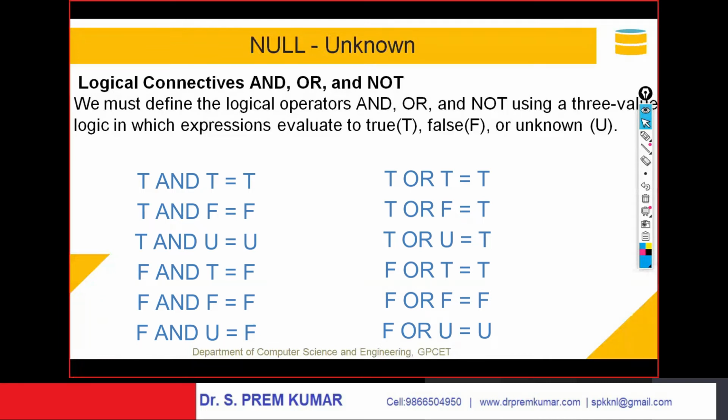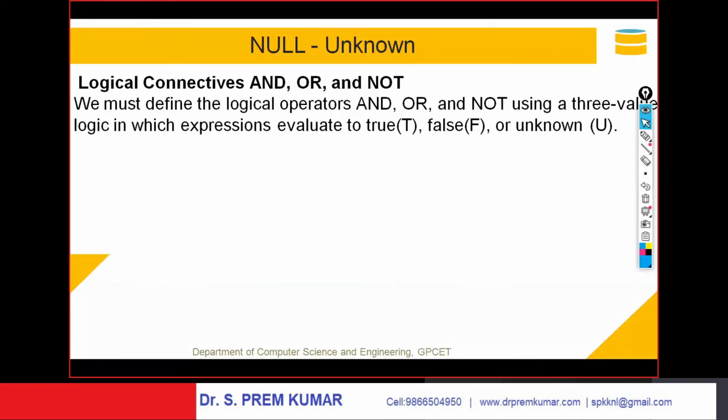So in the case of nulls, you can use the negation operator, that is the NOT operator. When you are checking multiple conditions, you can make use of the AND, OR, and NOT operators. It returns a Boolean value, either true or false. If it is unknown, you will get U, which is an unknown value. Unknown value is nothing but null.